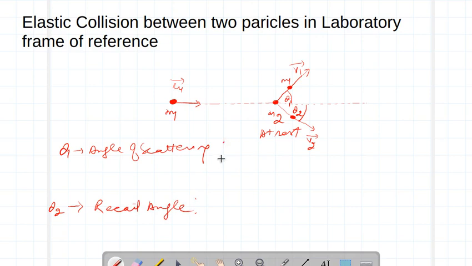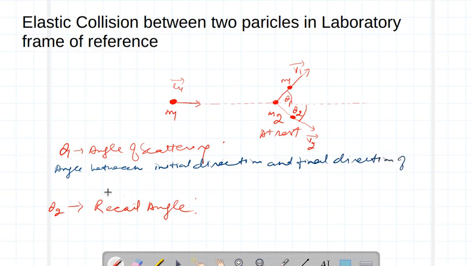Let us define these angles. It is the angle between the initial direction and final direction of incident particle.